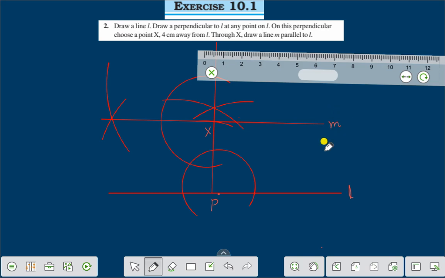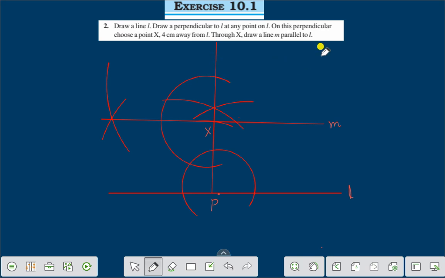Right? Now here you see this angle XPL. We have taken another name Q, and another name here, XPR.